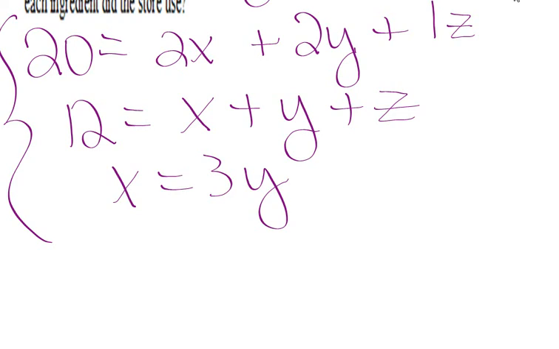So we can tell right away that this is going to be a substitution problem because we have X is equal to 3Y. So what we're going to do is replace that in our other equations. So let's work with the first one.